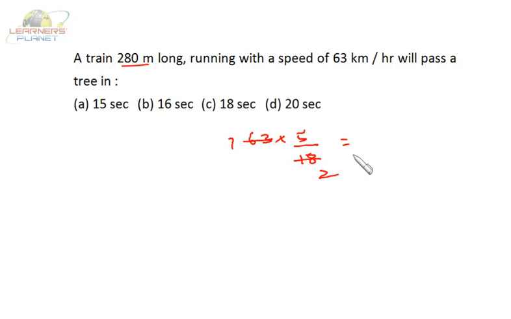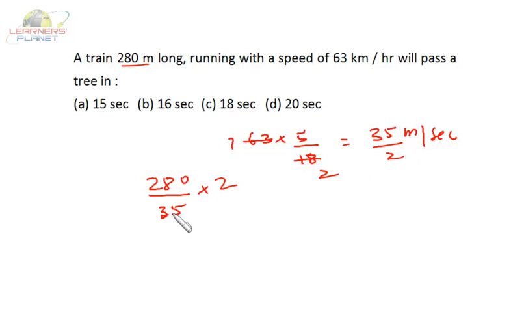It's 35 by 2 meters per second. Now how much time will it take to run 280 meters? That is 280 by 35 by 2, I'm sorry. So it will take 16 seconds to cross this tree.